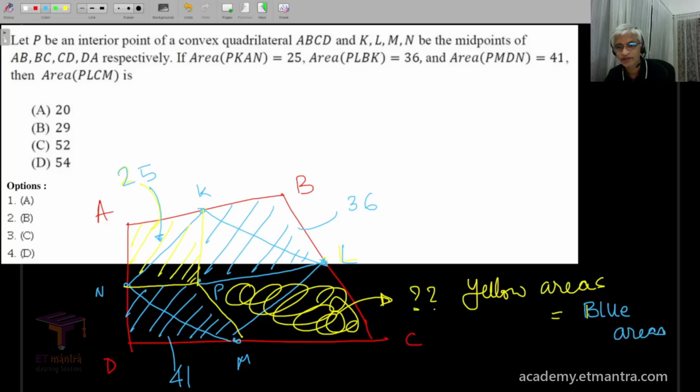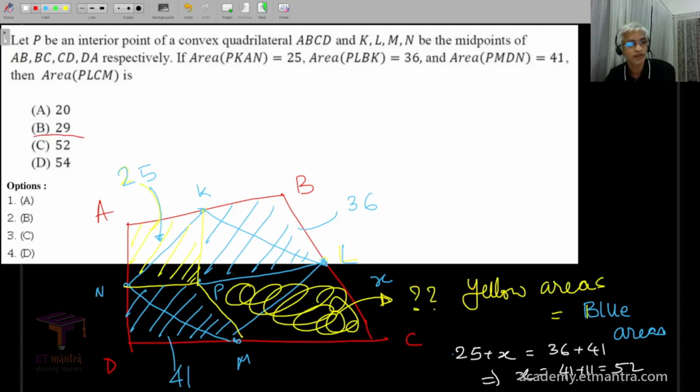So assuming that the yellow areas are equal to the blue areas, let's call this X. So 25 plus X is equal to 36 plus 41, and this implies that X is equal to, how much is it, 41 plus 11, that is equal to 52, and we are done.